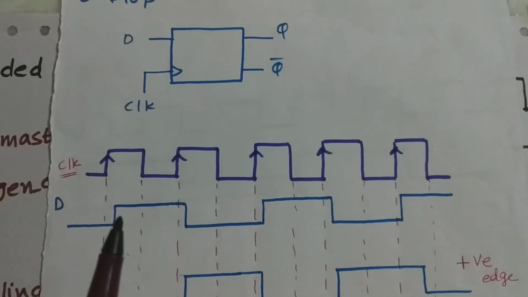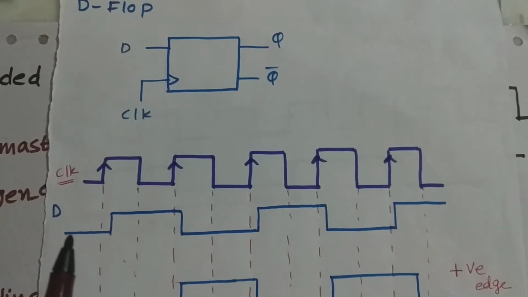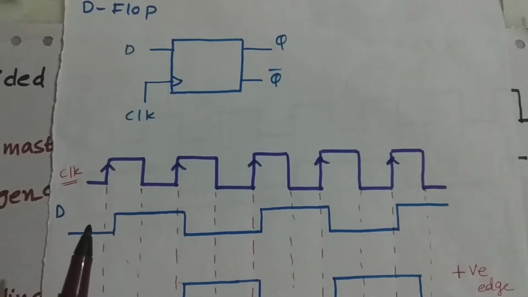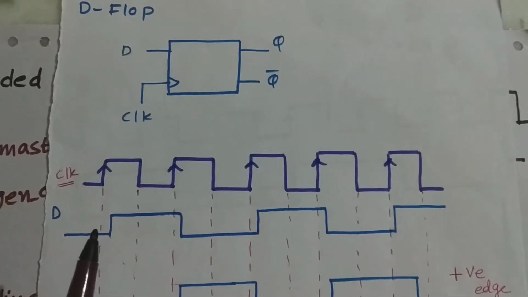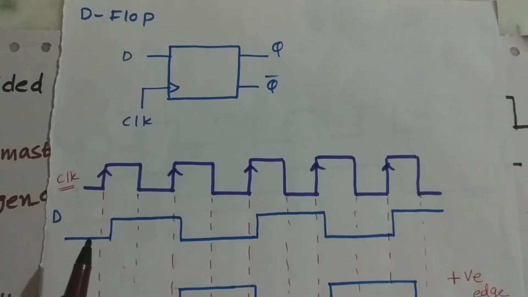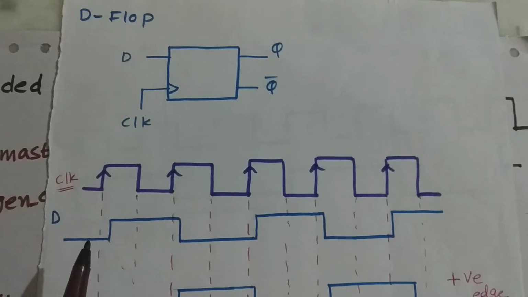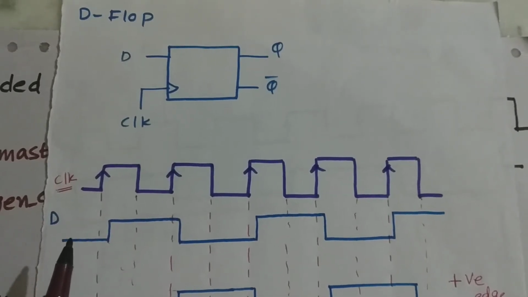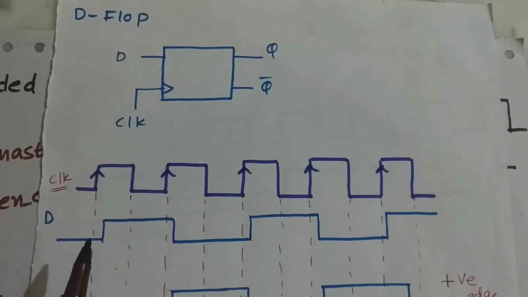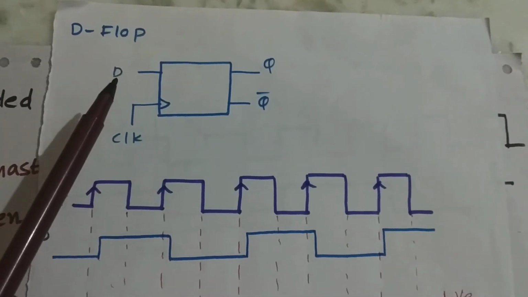Here I'm considering setup time and hold time. These are practical waveforms, I'm not drawing the ideal waveforms. Setup time and hold time are being included. If you don't know what setup time and hold time are, please check my setup time and hold time video. So this is the input which we are going to give to the D flop.